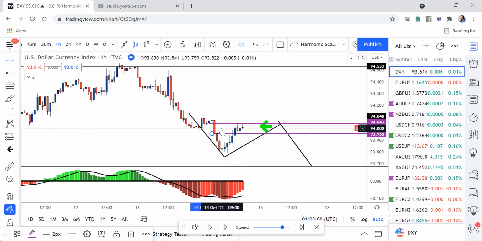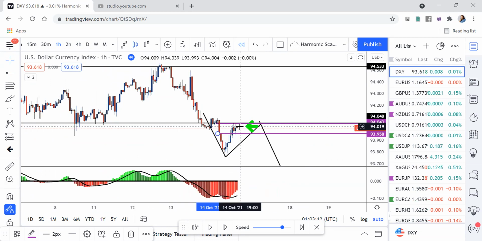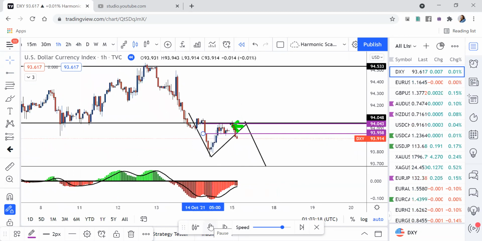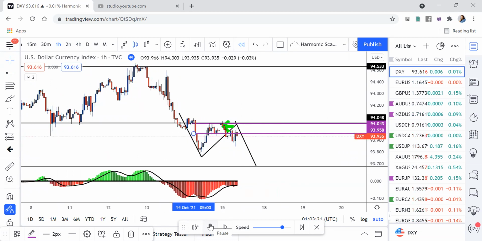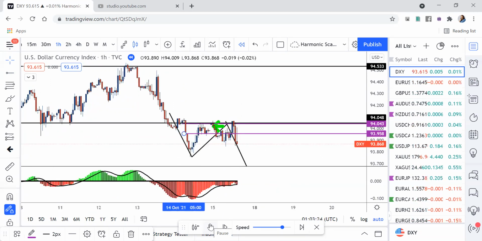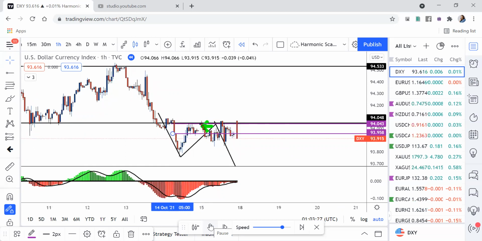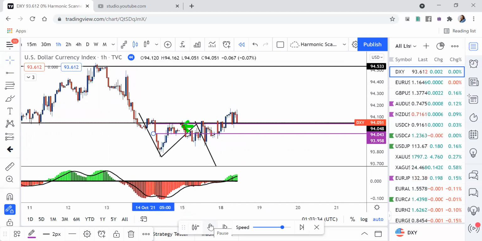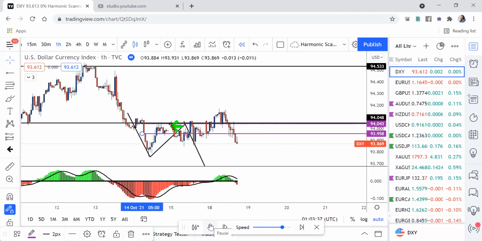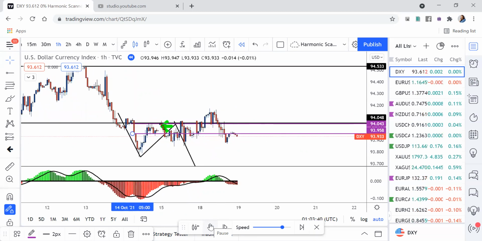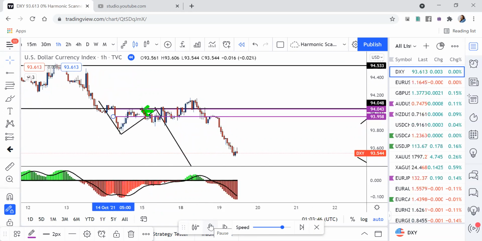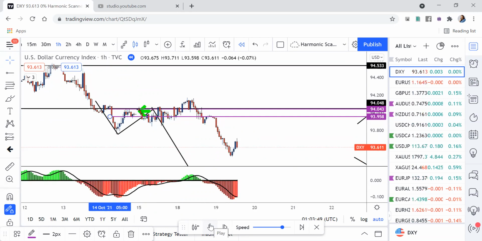We want to look at selling around this zone. Okay, so everybody sees that, right?